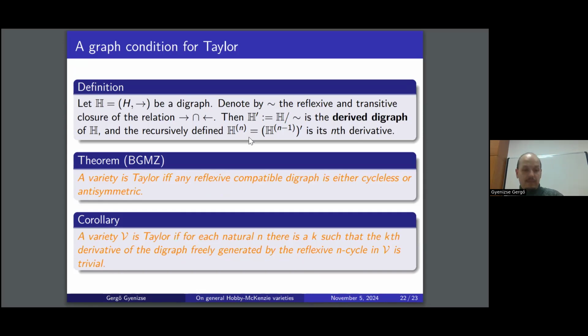If a digraph is strongly connected, from each vertex there is a directed path to any other vertex, then it is also extremely connected, so between each two vertices there is a path of double edges.